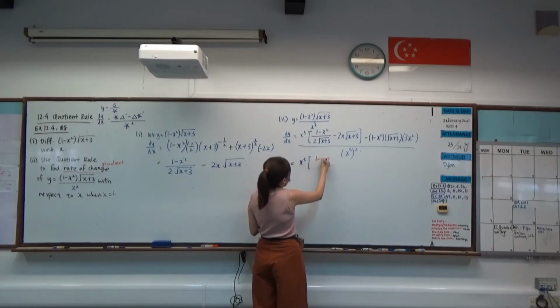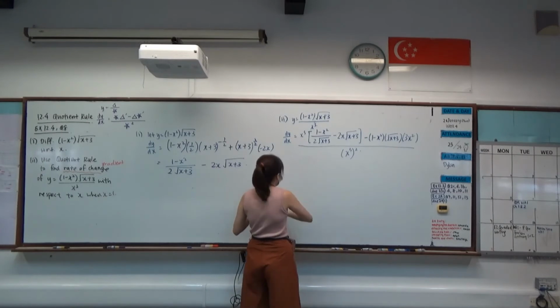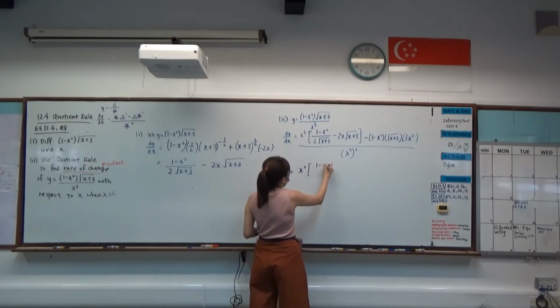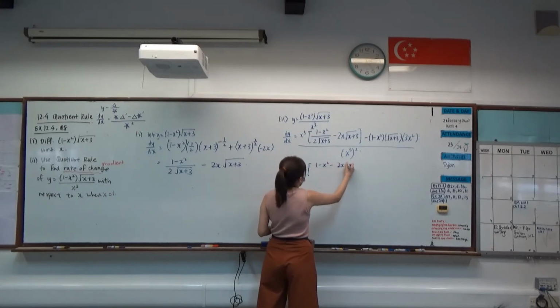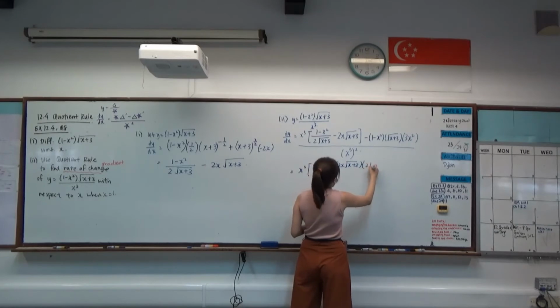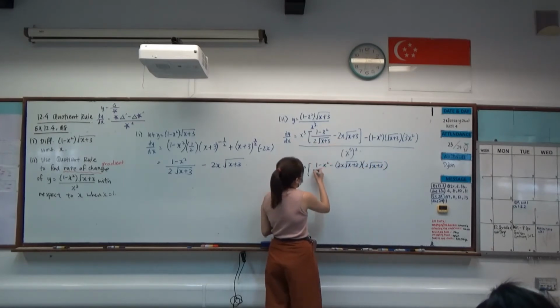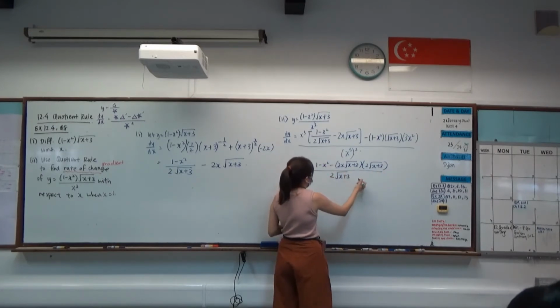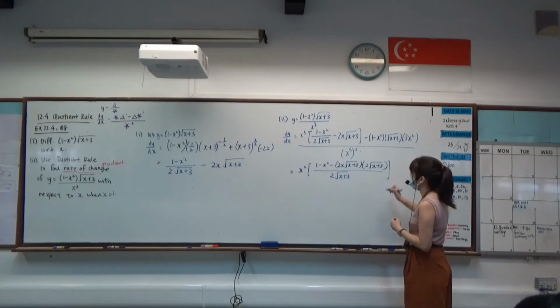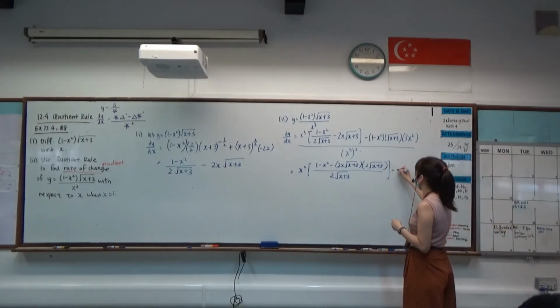I will have 1 minus x squared equals to x cubed, 1 minus x squared minus 2x square root x plus 3 over 2 square root x plus 3. Okay, I multiply it up. Then I have this. I leave this stuff untouched.